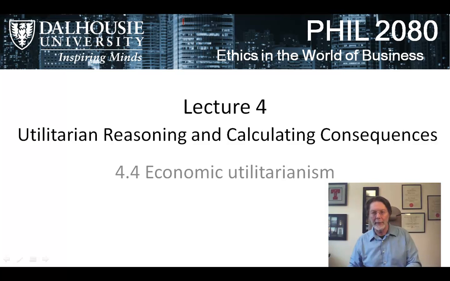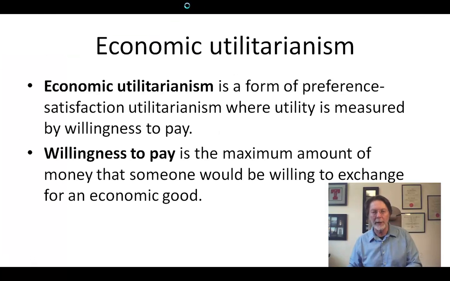Now we're going to talk about the economic version of preference utilitarianism. Economic utilitarianism is a form of preference utilitarianism where utility is measured by willingness to pay. You remember in the last segment I talked about the von Neumann-Morgenstern way of measuring the intensity of a preference, or the utility somebody would receive when they satisfied that preference, by comparing getting your preference satisfied to a gamble.